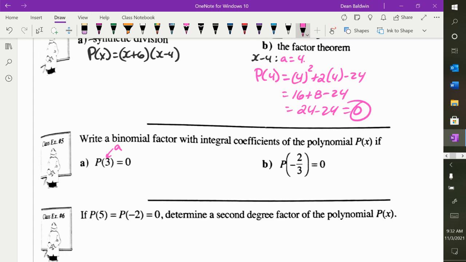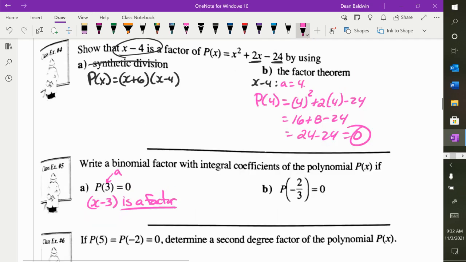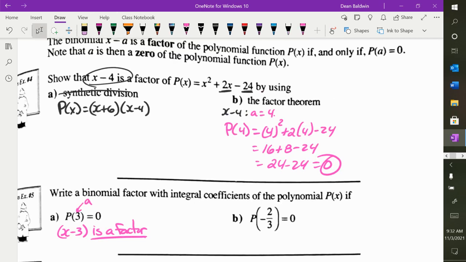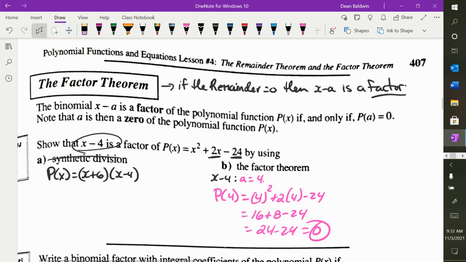So what does that mean? It means x minus 3 is a factor, because you always write it as x minus a.